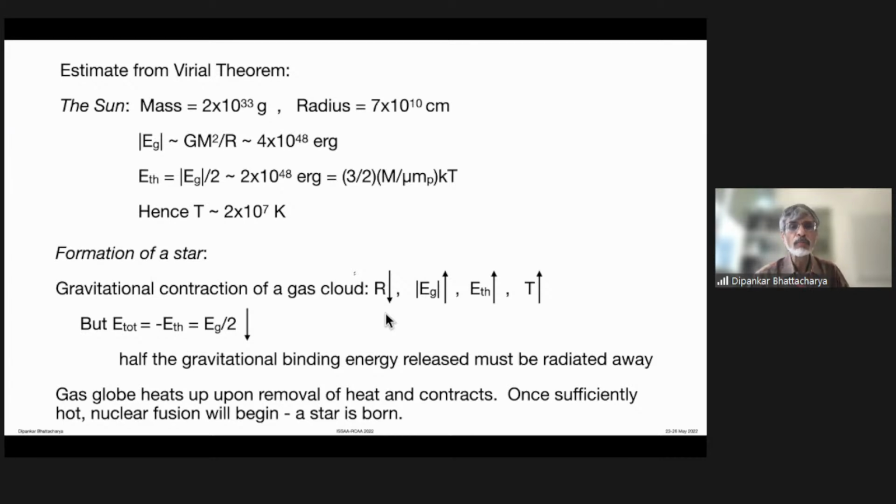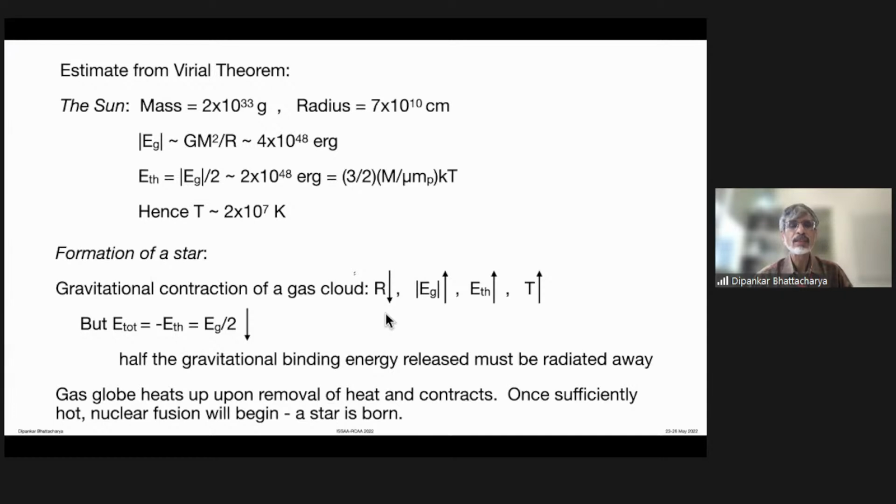So the gas globe, upon removal of this heat, which is half of the gravitational binding energy, contracts and heats up. So you remove heat from this gas globe, it will get hotter.